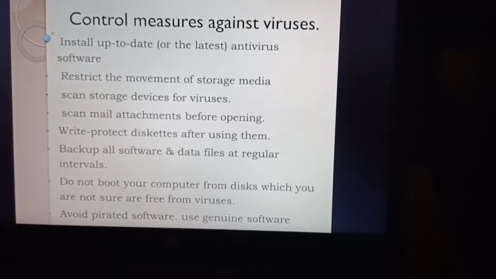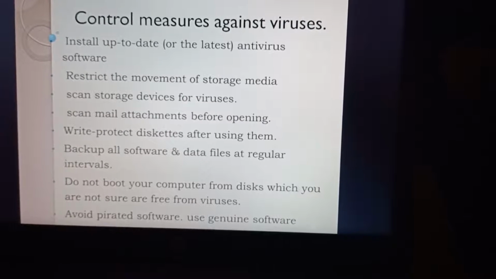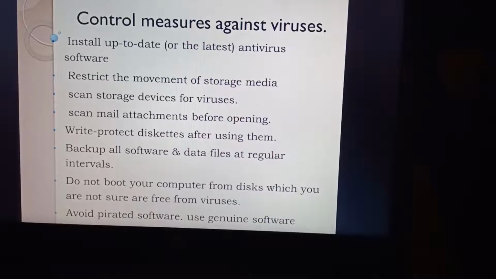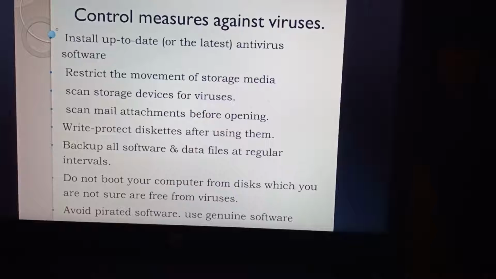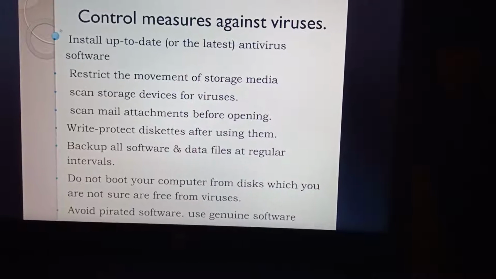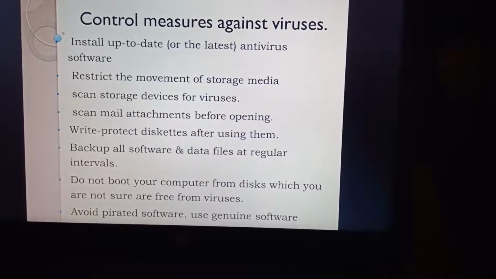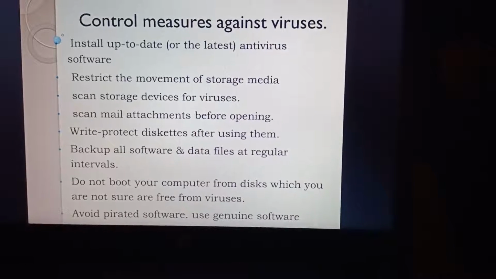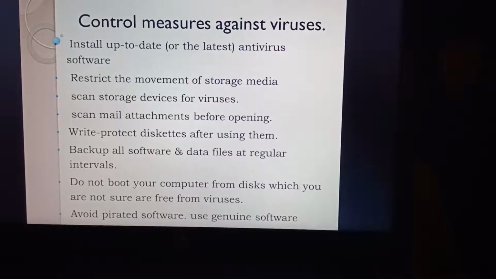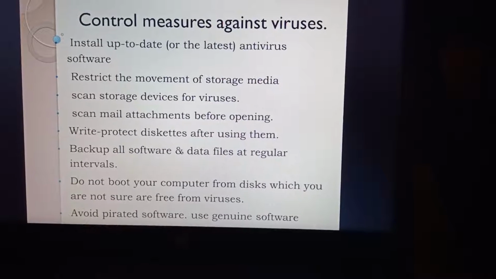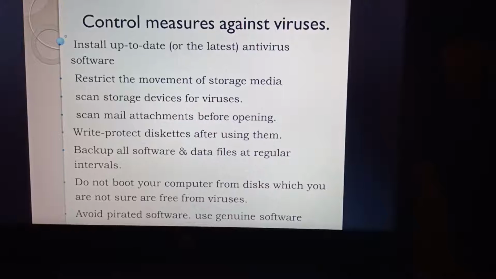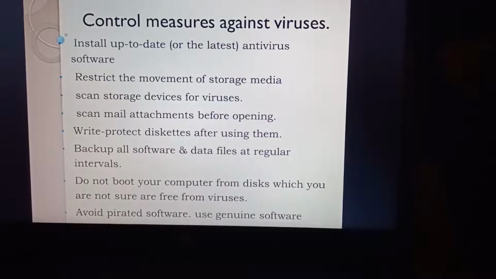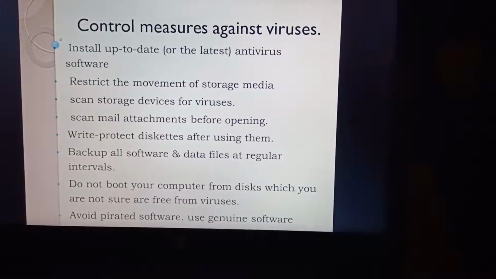If you're using a diskette, you are advised to write protect it. You are advised to back up all the software and data files regularly. Then do not boot your computer from a disk if you are not sure that it is free from virus. Then you are advised to avoid pirated software. Instead, use genuine software.